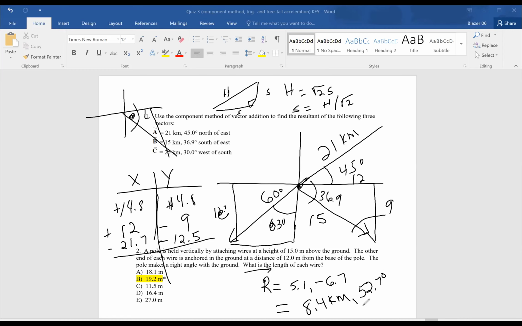But if I just leave it like that, class, it would appear that that resultant vector is in the first quadrant, because I didn't tell you that it's 52.7 degrees, what? South of east. So I say southeast. Now that tells me the magnitude and the direction. So that is the final answer that I'm looking for.